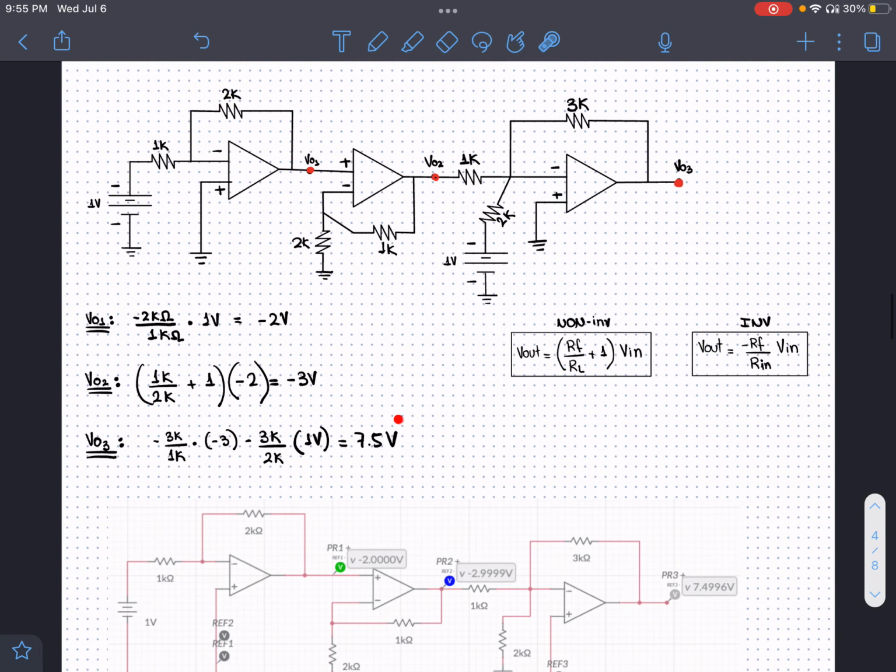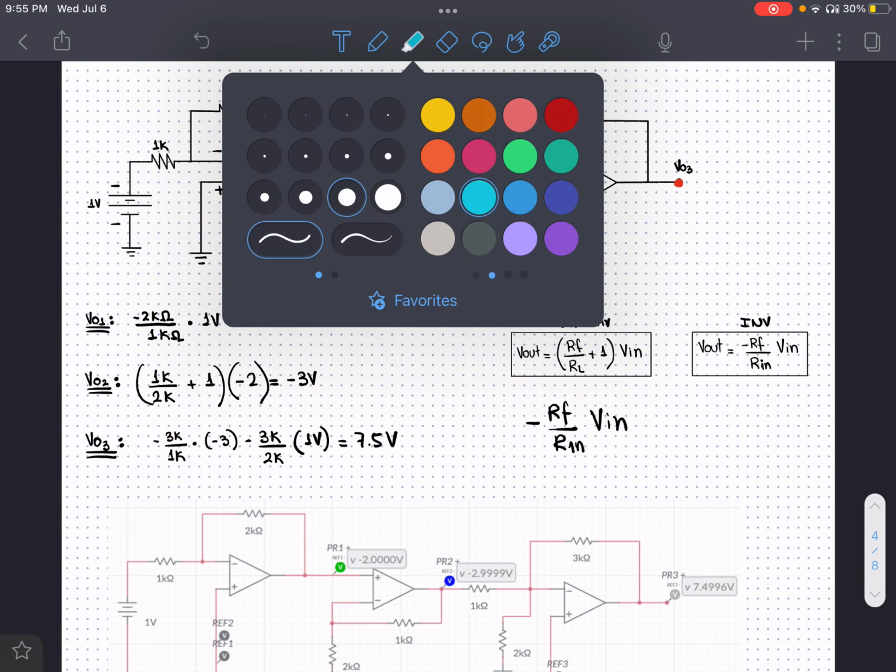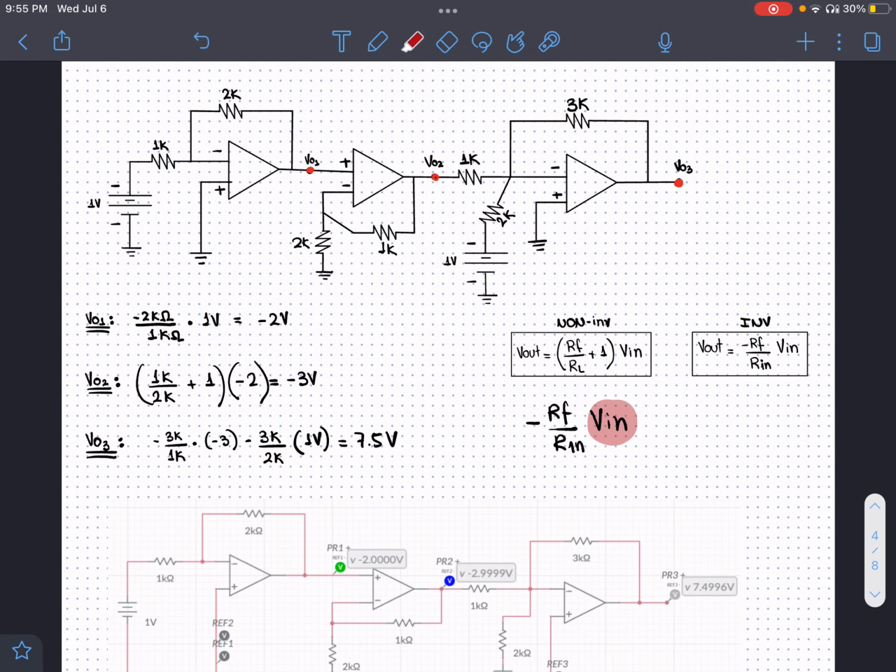So again, just in case you need one more review of this one, we use this formula twice, which means that we do minus RF over Rn times Vn for the first input voltage, which is this one over here, and then we do minus RF over Rn times the other input, which is this one over here, Vn.